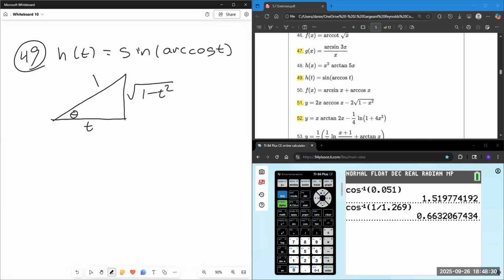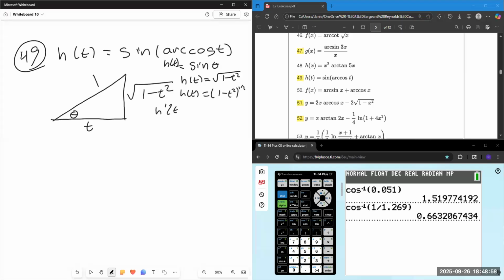So then I have sine of theta, and h of t is root 1 minus t squared here. And this is 1 minus t squared to the 1/2 power.